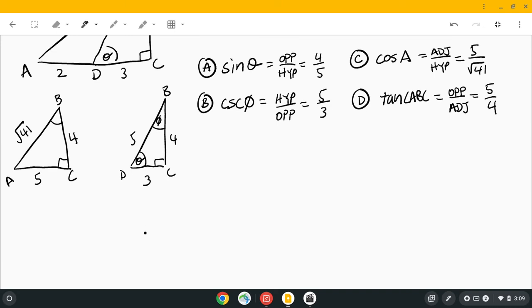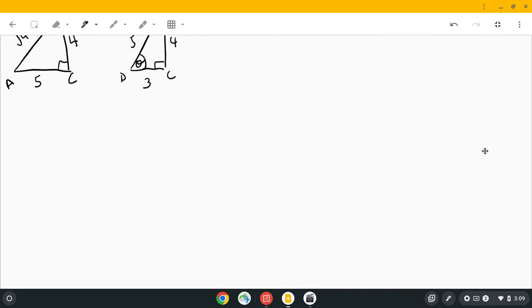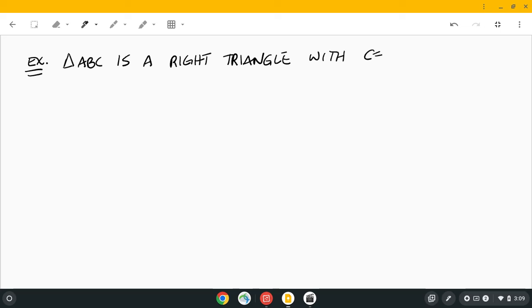Let's take a look at this next example. Triangle ABC is a right triangle with C equal to 90 degrees.